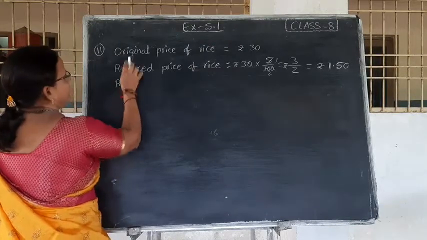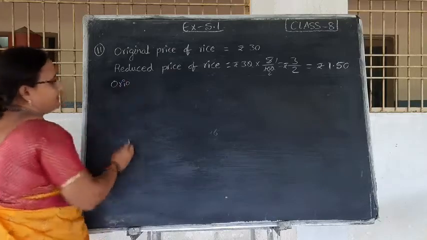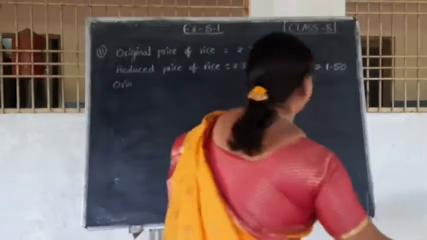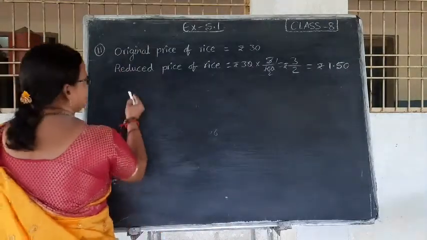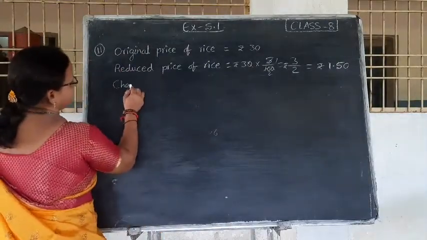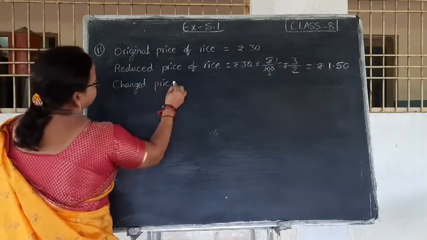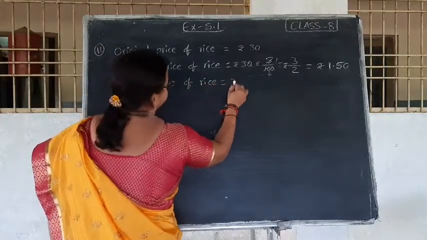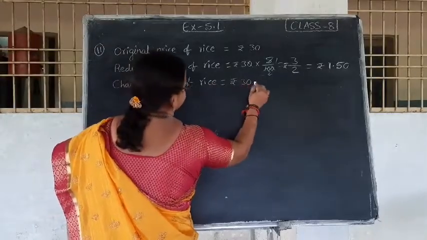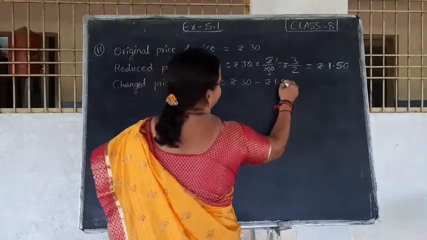So the original price is given, the reduced price is found. You have to find the changed price. So the changed price of rice: the original price is 30 rupees minus the reduced price 1.5.